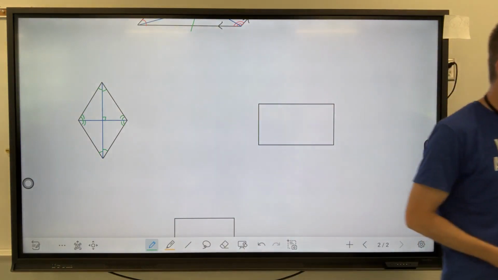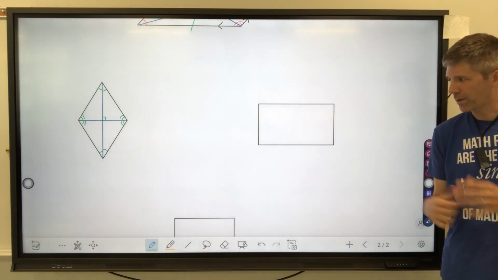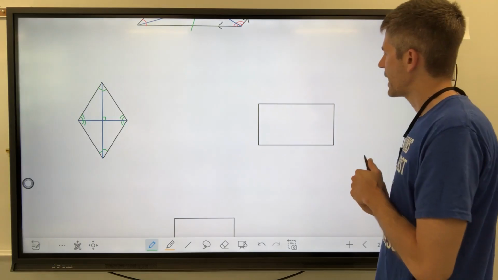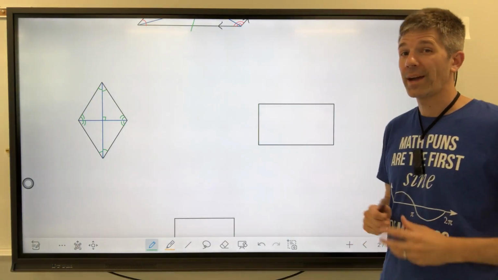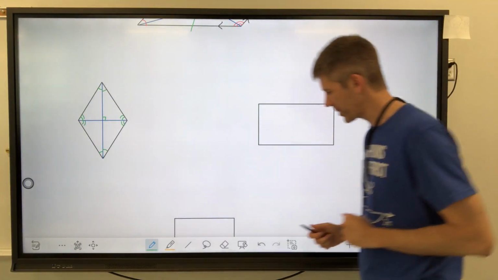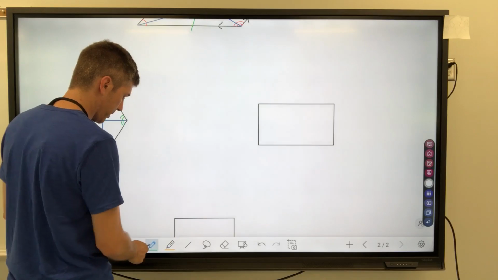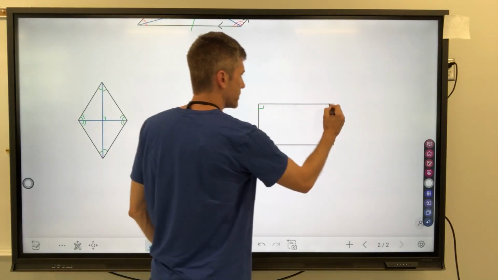Okay, now we're going to get to rectangles, which is not going to be too tragically different, but you've seen rectangles before. You've been alive. All the properties of parallelograms are going to apply here, but now we're going to have another property that basically defines a rectangle, and that's where all 4 angles are 90 degrees.